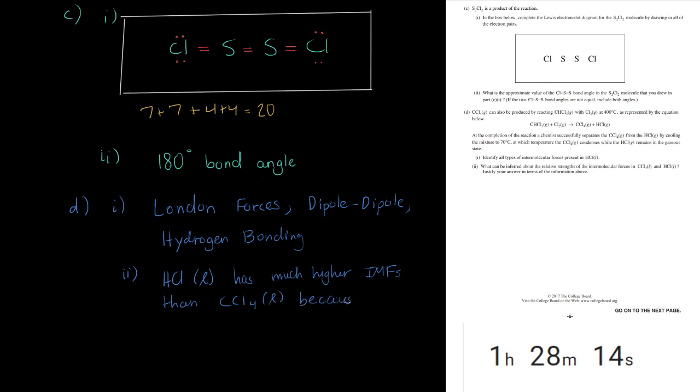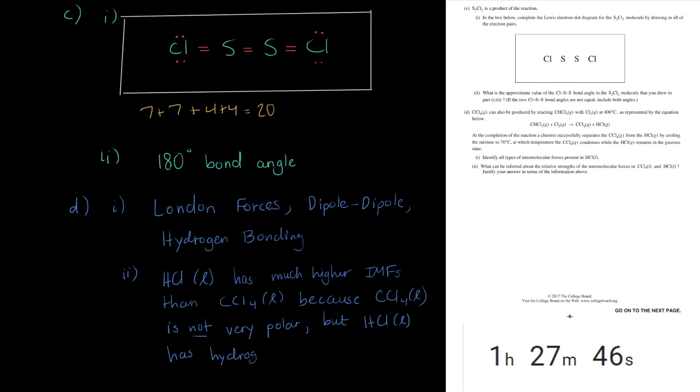because with carbon tetrachloride, if you think about electronegativities, this is not going to have a very polar bond, so it is not very polar. And on the other hand, HCl is like the epitome of polar because it's got hydrogen bonding. And hydrogen bonding is the strongest kind of intermolecular force.